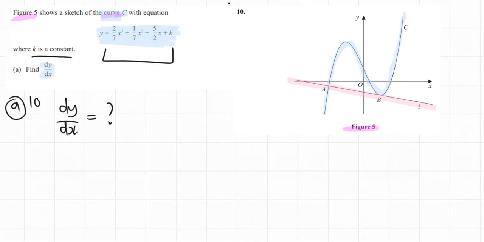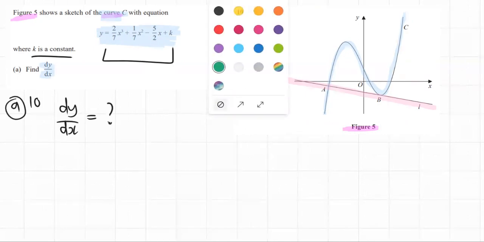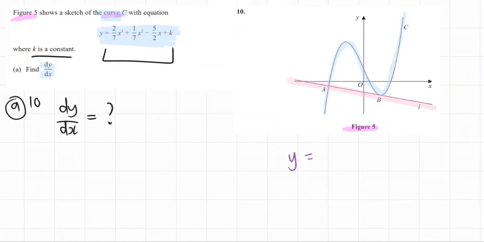We take every single term in our curve, where a is a constant, and we use the power rule to find the first derivative in each case. So the power rule: if y is equal to a x to the power of n, then dy/dx is equal to n times a, x to the n minus 1. So we do that in each case.